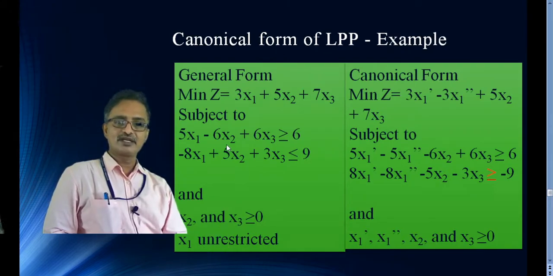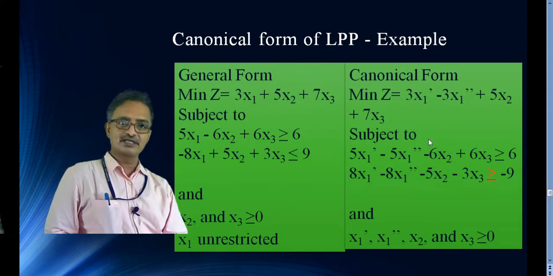So by placing x1 equal to x1 dash minus x1 double dash, the 3x1 becomes 3x1 dash minus 3x1 double dash, and so on in the formulation. So now we have a variable space x1 dash, x1 double dash, x2 and x3 in the modified form after introducing the unrestricted variable formulation into the canonical form, and all the constraints are in greater than or equal to type.